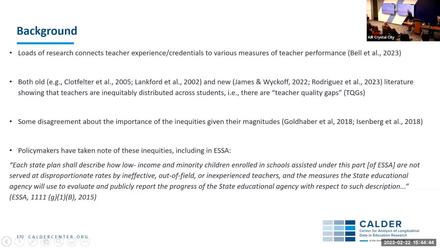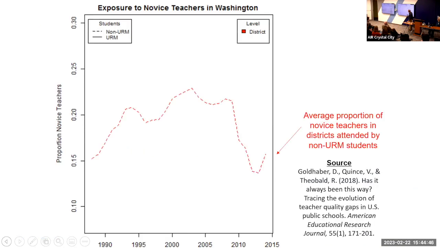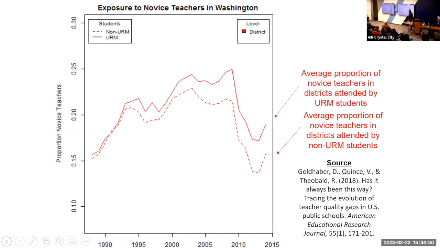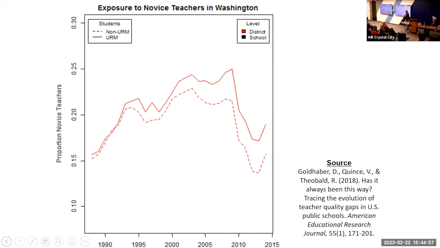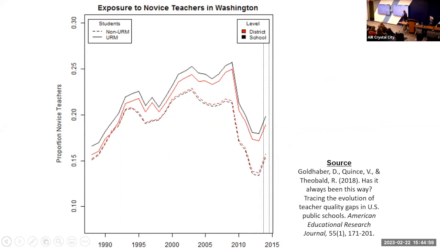This is where I talk fast and go through a couple of these slides. We're decomposing the difference between novice teachers, and this is teachers with, I don't know if it's 2 or less or 5 or less years of experience, within district and between districts. And this is Washington State.